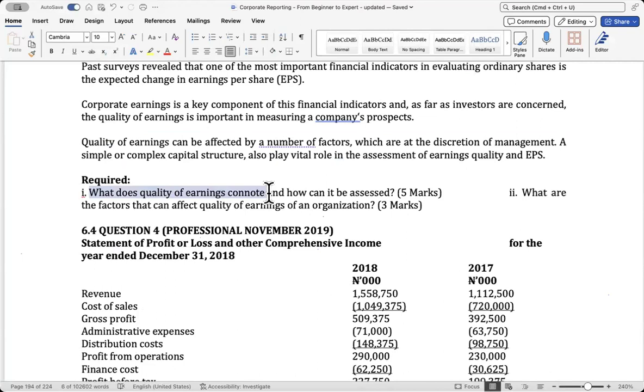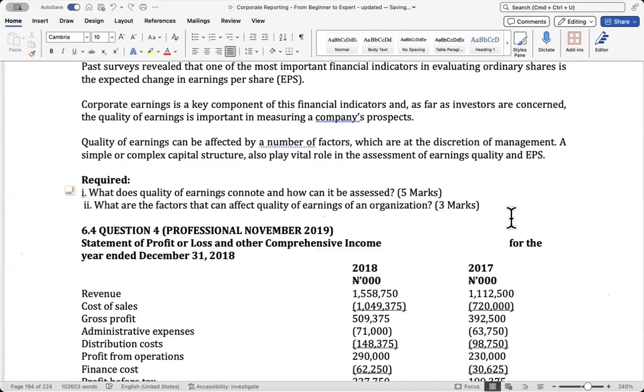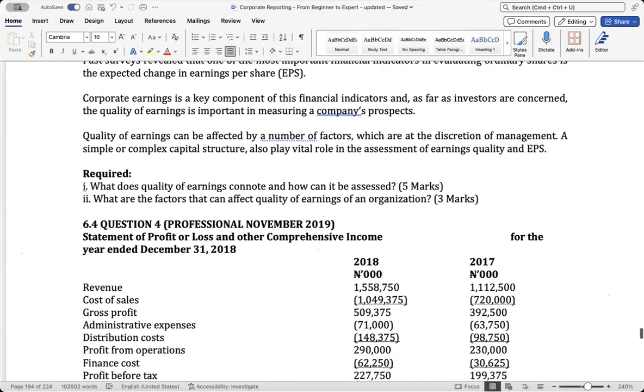And I've already told you today the meaning of quality of earnings: where your operating cash flows and your profits in the statement of profit or loss are very close. When they are close, it shows that the profits that you're presenting is actually backed up by appropriate cash flows.